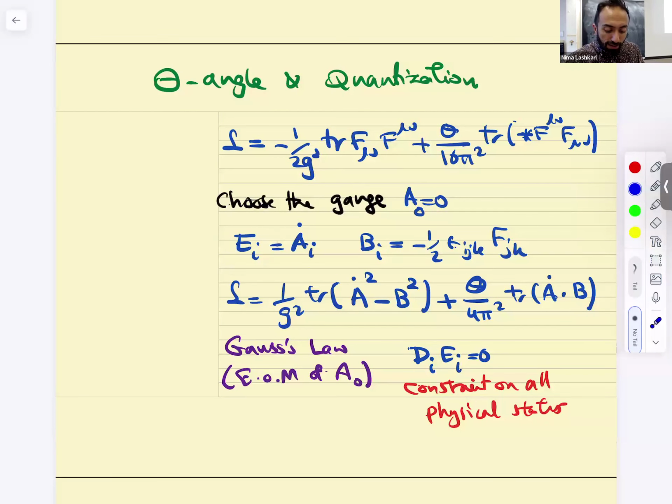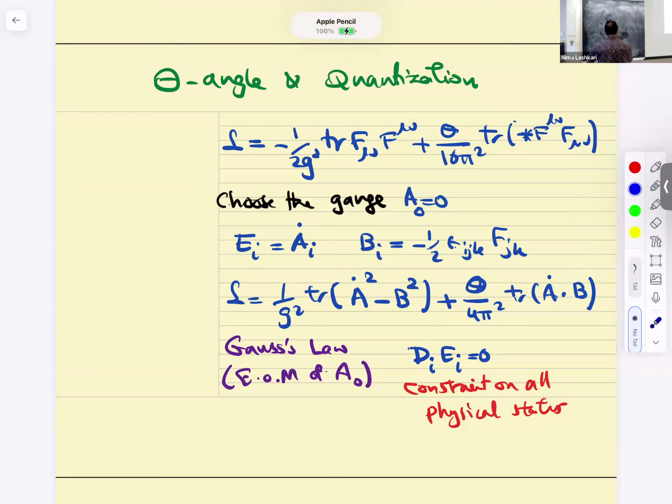So E_i is just A dot_i. Here i is the space index, because I put 0, and I'm suppressing the index a, the Lie algebra valuedness.